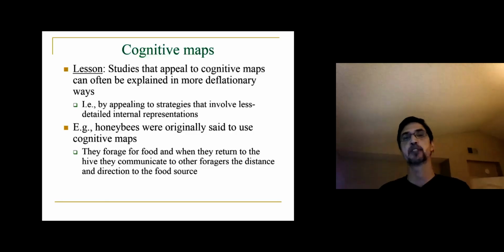And then when they bring this food back to the hive, they communicate via what's called a waggle dance. They indicate to the other bees the distance and location to different food sources. So the idea is that bees have a cognitive map, and based on what the waggle dance tells them, they know where in this cognitive map the food is to be found.